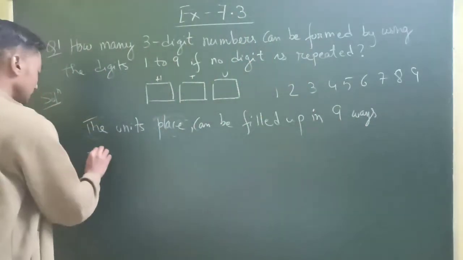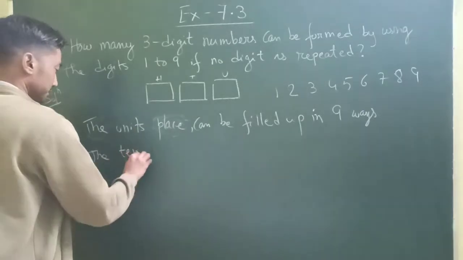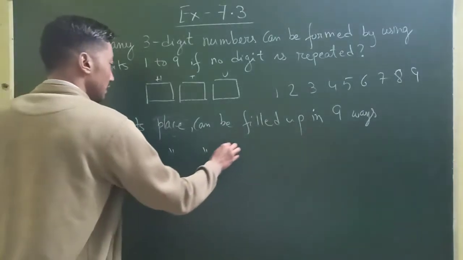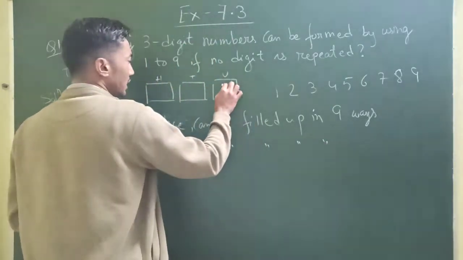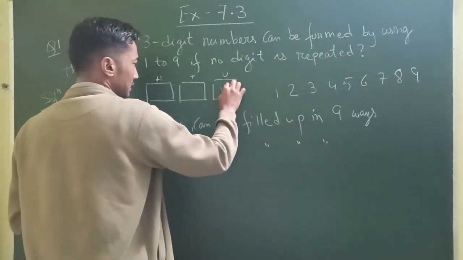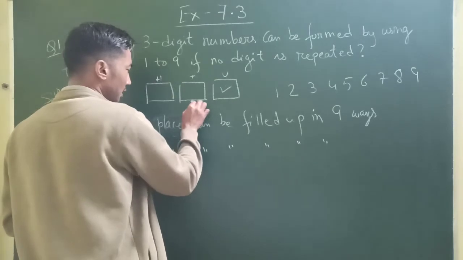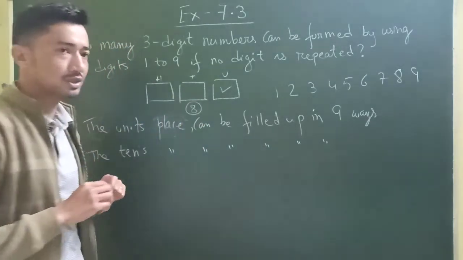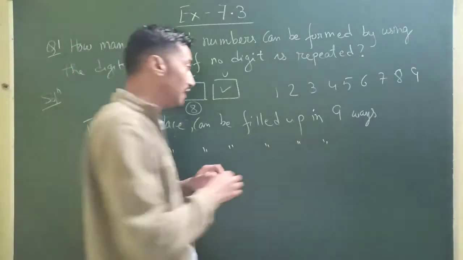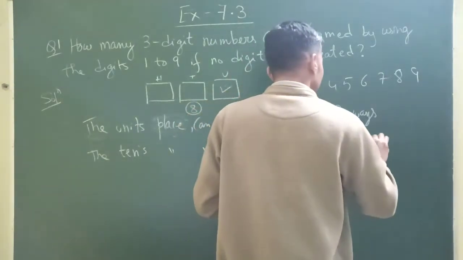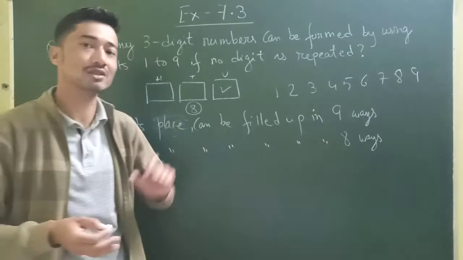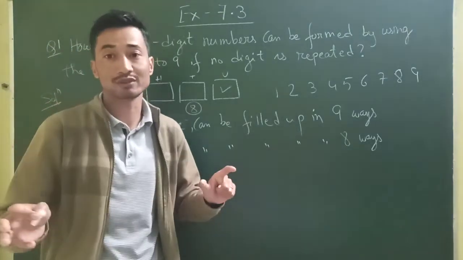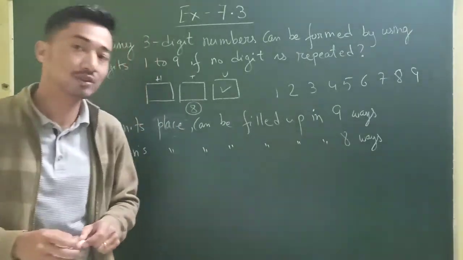Now, the tens place can be filled up in, now here one digit is already taken. So that means we have how many options? We have 8 options, so it can be filled up in 8 ways. So see, without using the formula, simple logic also will just help us solve the problem. It's not necessary to use the formula, not at all.